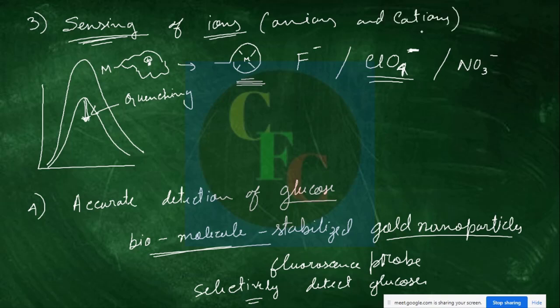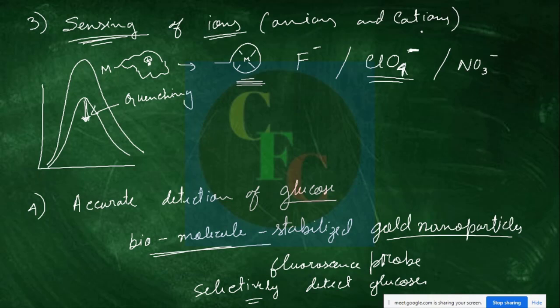Why are these used for sensing? Because fluorescence is a very sensitive instrument. It can sense even if they are present in very low concentration. In fact, now it is possible to detect a single molecule also.